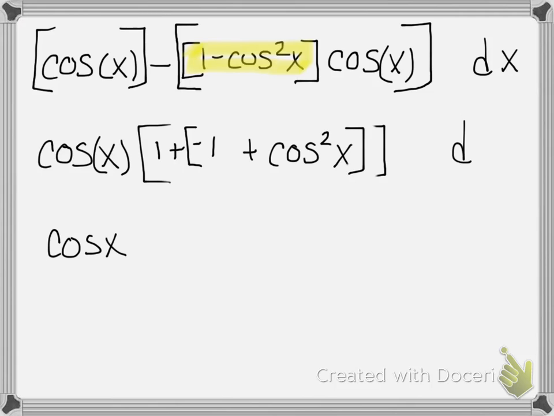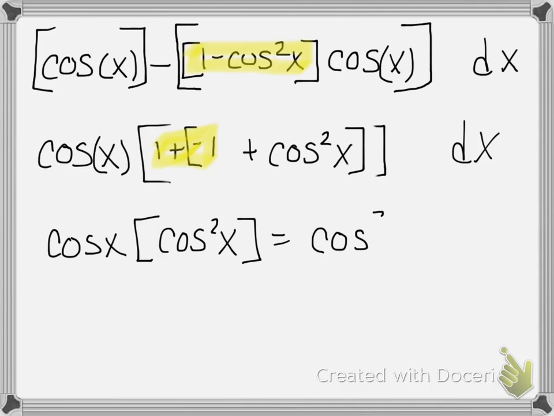Oh yeah, our dx is still out here. Cosine x times, our 1's will cancel, and we'll just be left with cosine squared x on the inside, which is equal to cosine cubed of x dx.